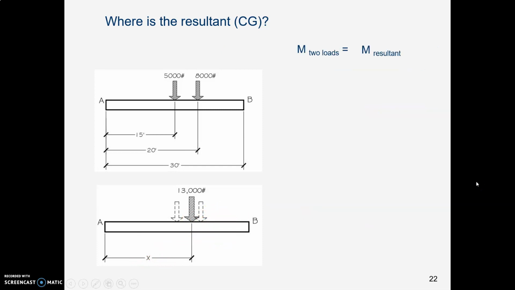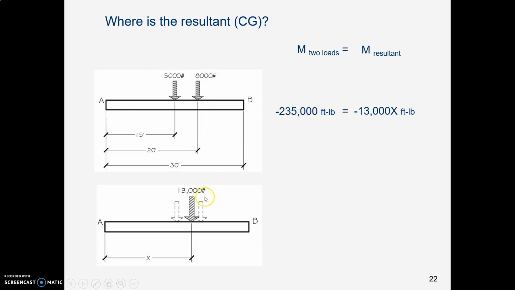What is its distance? So the resultant weighs 13,000 pounds and its distance is x. Its moment is negative 13,000x. The two loads we just figured out have a moment of negative 235,000 foot-pounds.